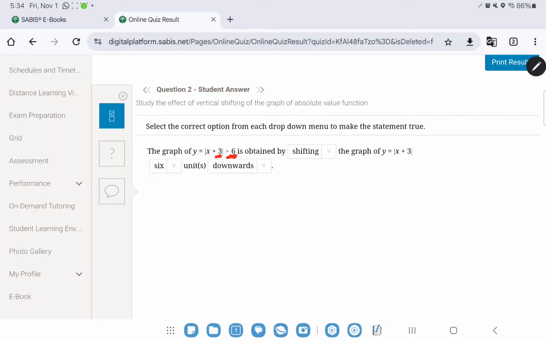So now you know your original graph is this. But what changed here? This was added. This is the only thing. So you shifted it 6 units. If it's negative, it means down. If it's positive, it means upwards. So since it's -6, you want 6 units downwards. That's it. Next question.